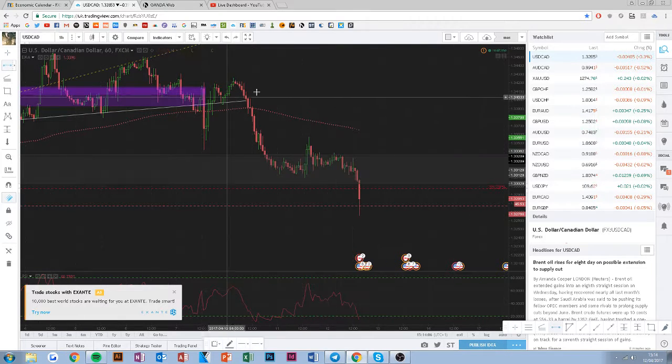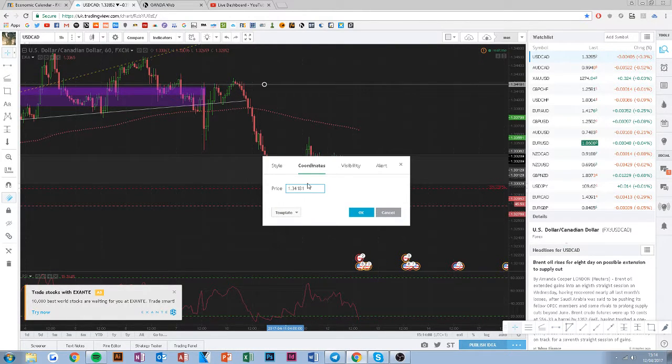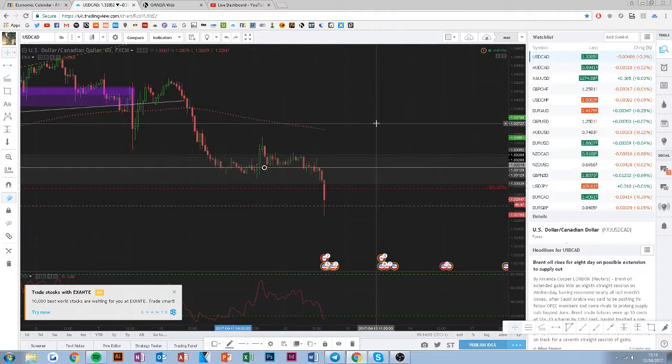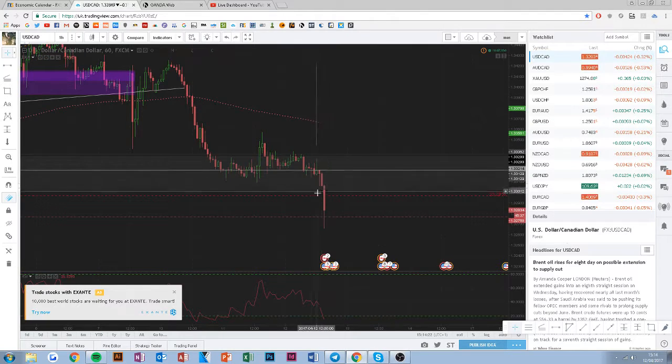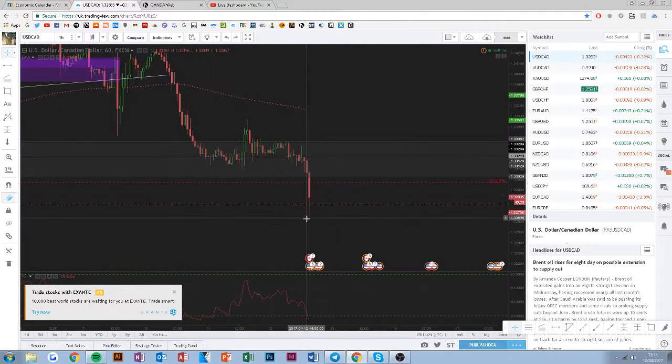If I just draw a line there, my stop loss is still in the middle of the weekly. So if the price does come up and test the weekly here, it could get some rejection.